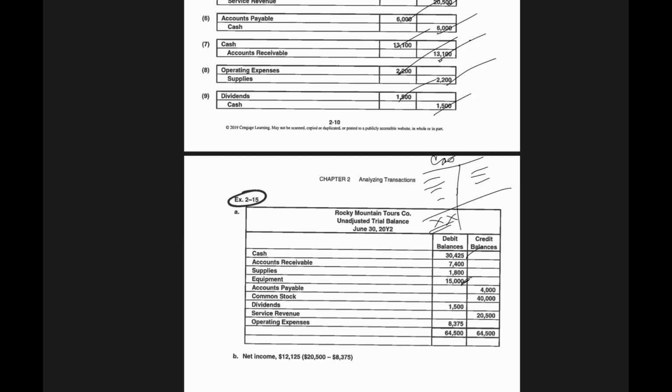What's the point of the trial balance? There's only 2 points. It lists all of your accounts that you have, as well as it shows your debits equal your credits. That's the gist of a trial balance. It lists all your accounts, and it shows the reader they balance.